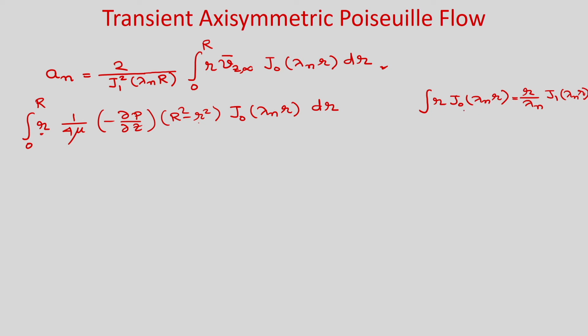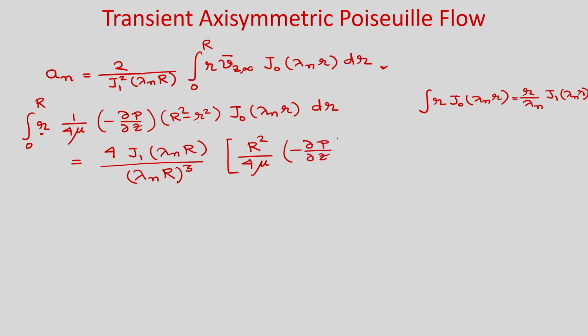So, you can see for these Bessel functions what the integrals are, and finally, you will get the integral of this quantity as 4 J1 lambda n R divided by lambda n R cube, and we have R square by 4 mu minus del p by del z. Okay. After the integration you will get this.